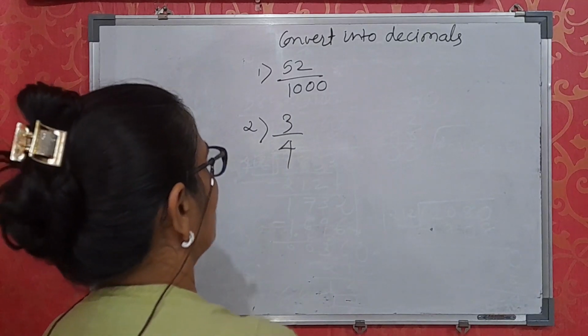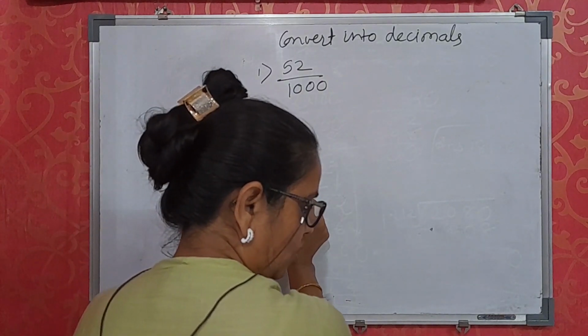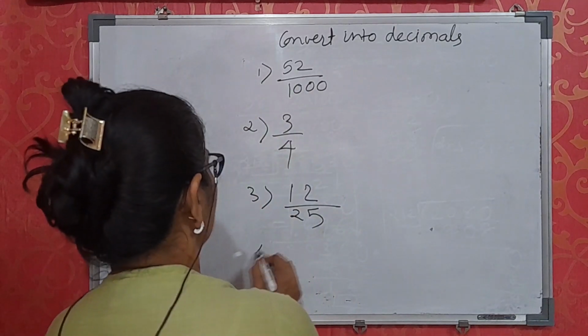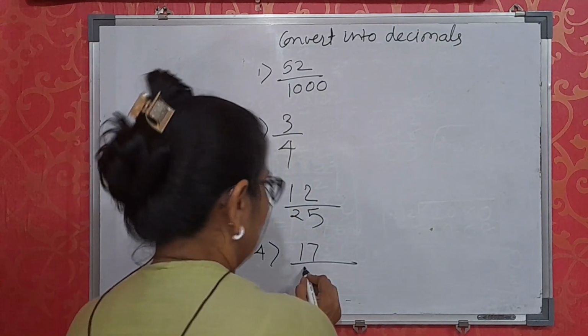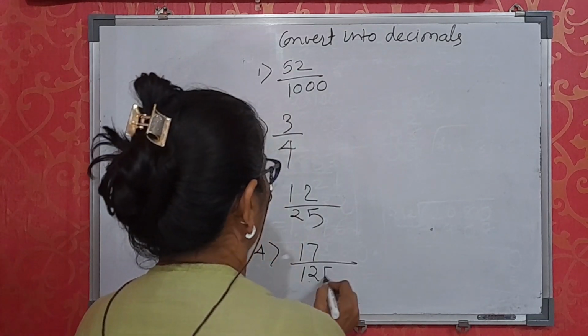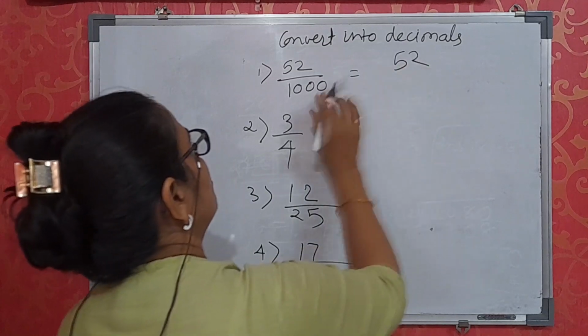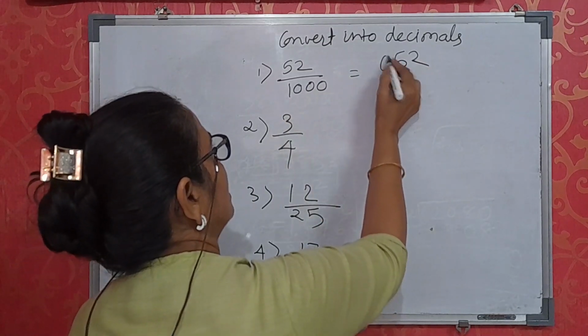The third one is 12 upon 25. And the fourth one is 17 upon 125.